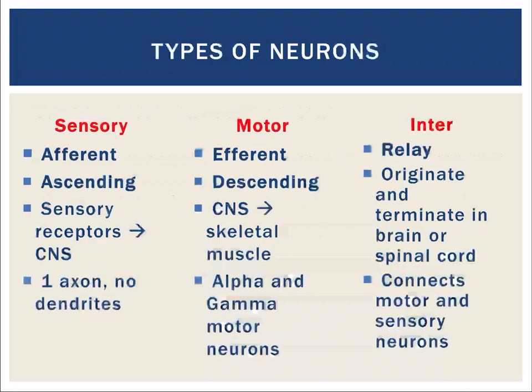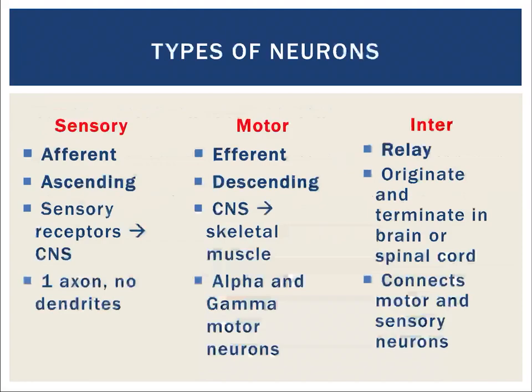When we look at the types of neurons that we have in the human body, there are sensory, motor, and interneurons. Sensory neurons are also sometimes referred to as afferent neurons, or ascending neurons, because they take information from sensory receptors, which we sometimes refer to as the periphery, to the central nervous system.